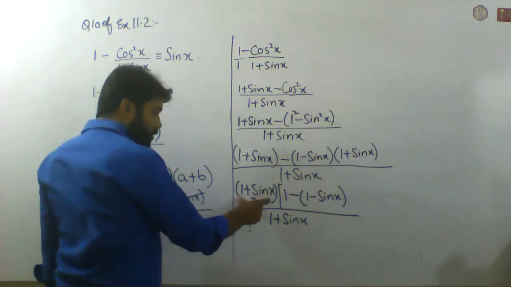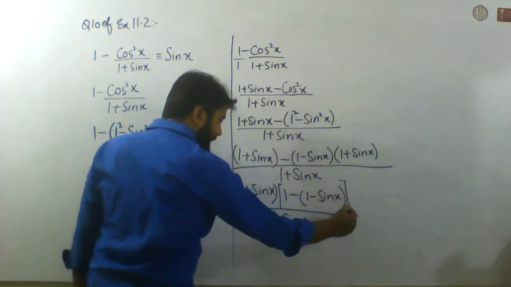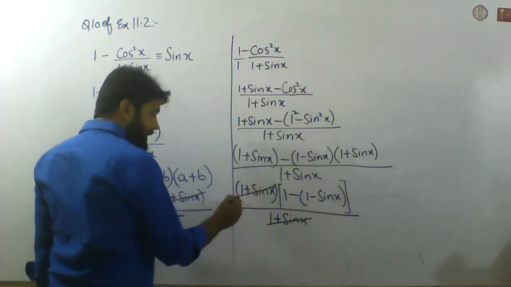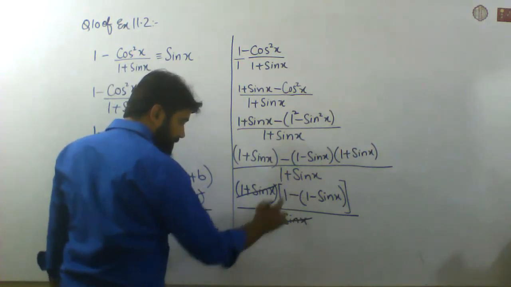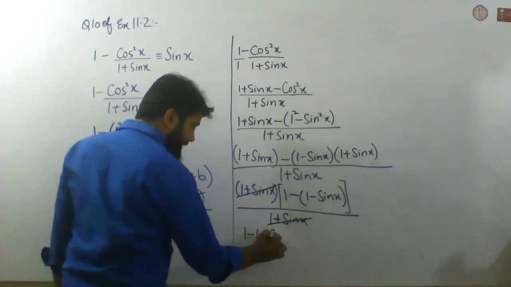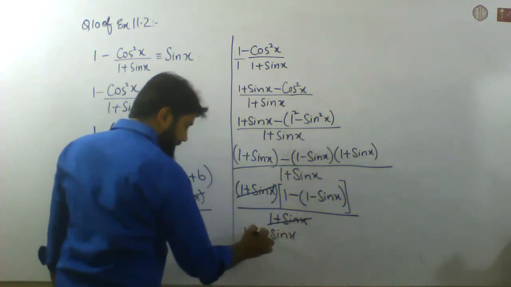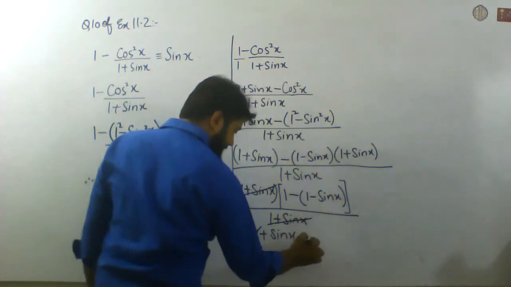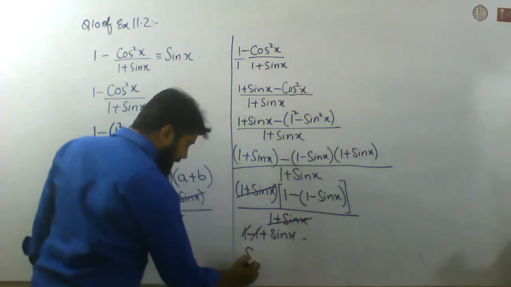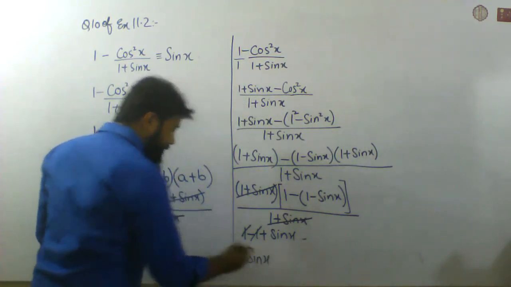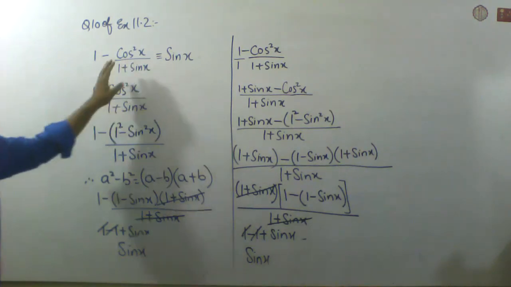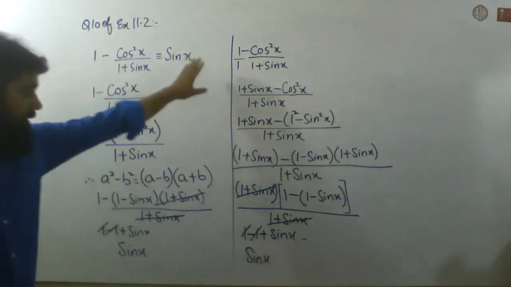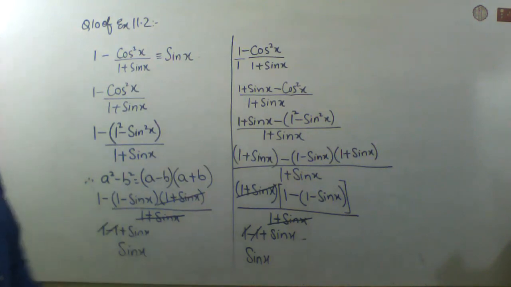This whole thing is multiplied by this whole bracket, so this and this will be cancelled. 1 minus 1 and minus plus sin x, cancelled. The result is going to be sin x, which was the required part over here. So either you can solve it in this way or you can solve your question in this form also.